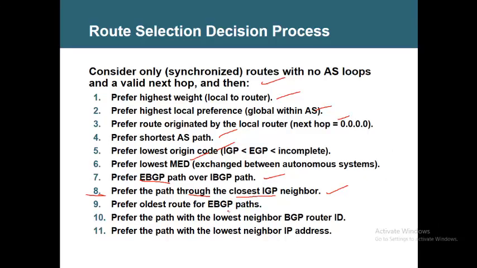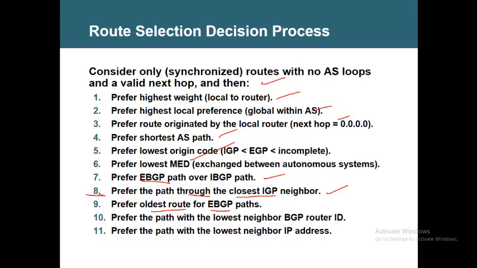Next is prefer the oldest route for EBGP paths. That's easy. Meaning, which one informed neighbors first? If the previous attribute is not a tiebreaker, what does that mean?